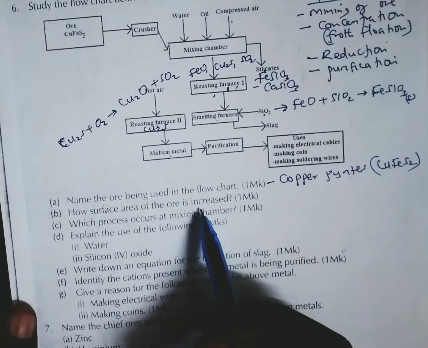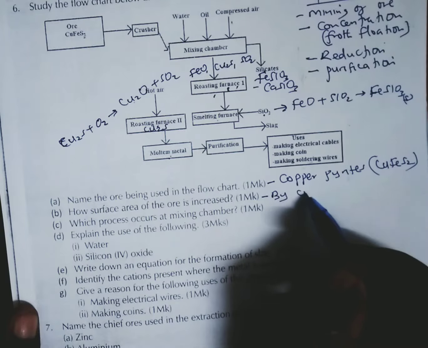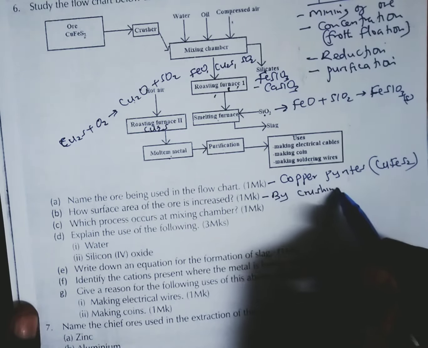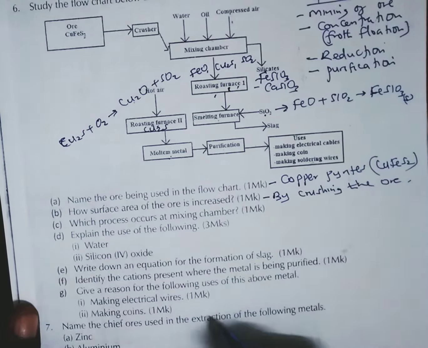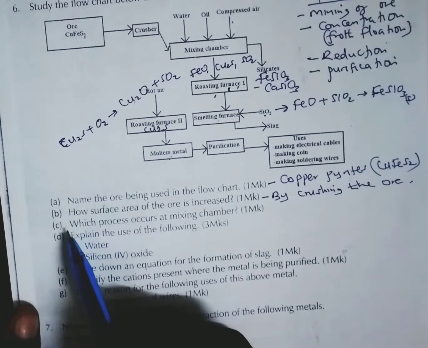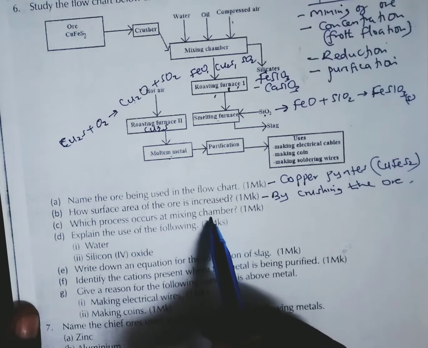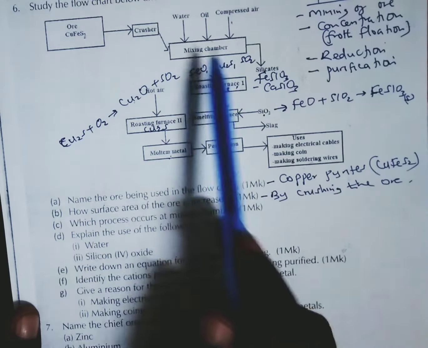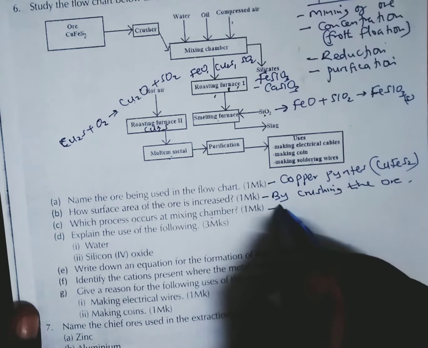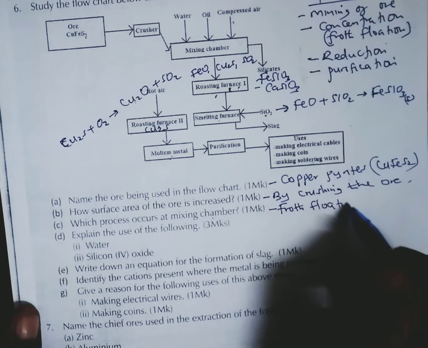We increase the surface area for the extraction of copper metal by crushing the ore. We move down to part C. Which process occurs at the mixing chamber? The process that occurs at the mixing chamber is concentration of the ore by what we call froth flotation.